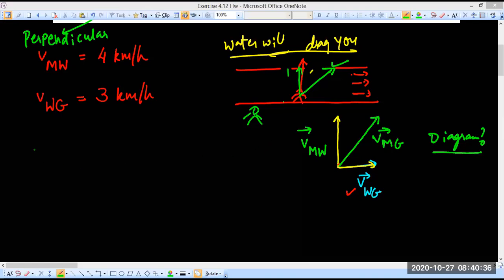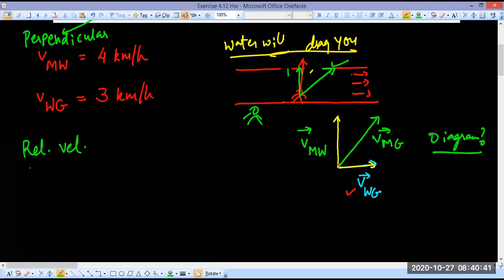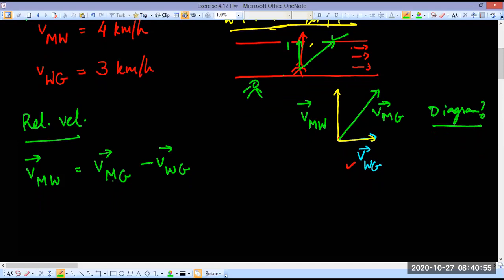Let's write one or two supporting equations. First of all, I'll write the equation of relative velocity. Velocity of man with respect to water by the relative velocity equation should be equal to Vmg minus Vwg, right? So now if I see what is VMG, simply putting this on that side, VMW vector plus VWG vector.